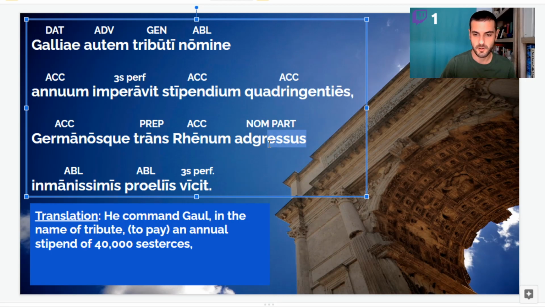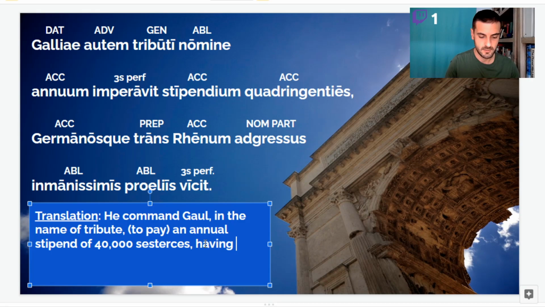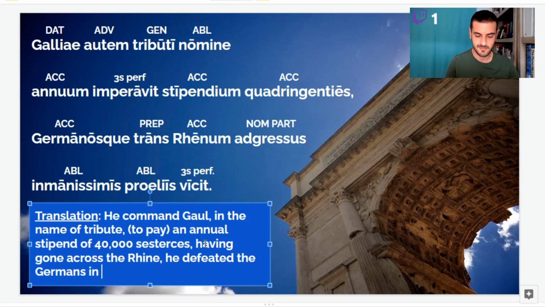So here we have a participial phrase here, having attacked or having gone across the Rhine, having gone across the Rhine, he defeated the Germans in very huge battles.